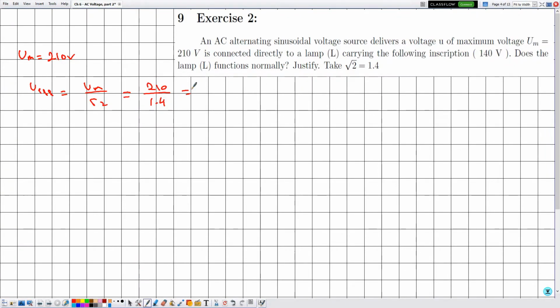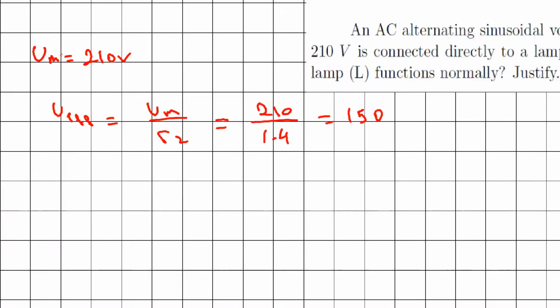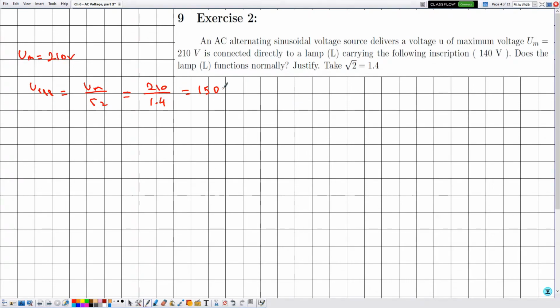Now plugging this fraction into the calculator, we get 150. Since UM is expressed in the SI, which is volts, then U effective will be in volts.